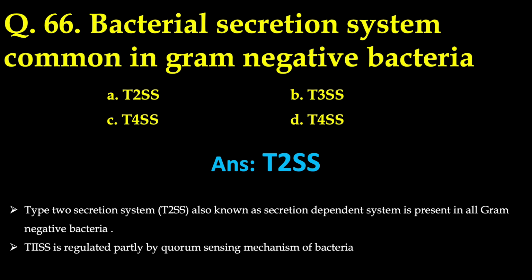That means type 2 secretion system, which is also known as a secretion dependent system, which is present in all gram-negative bacteria. Type 2 secretion system is regulated partly by quorum sensing mechanism of bacteria.